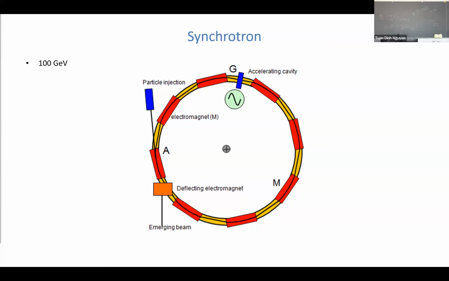So you can think of it as combining the linear accelerator and the cyclotron together, right? The magnetic field only occurs at some parts of the beam line, not the whole thing, so that we can bend it. The energy here, 100 GeV.